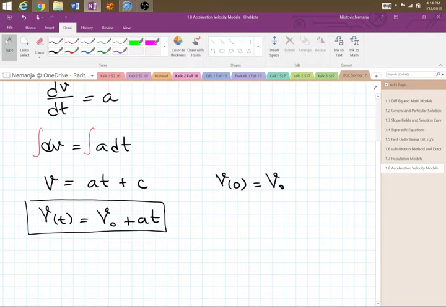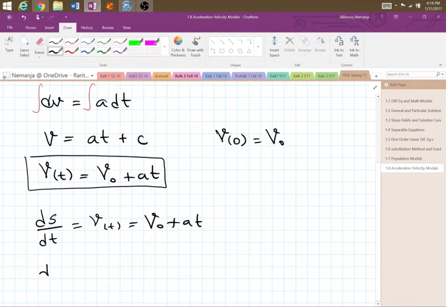And then from there we say that change in position, let's use s, is fine, ds/dt is equal to our velocity function. Well, let me write velocity of t, which is v0 plus at.